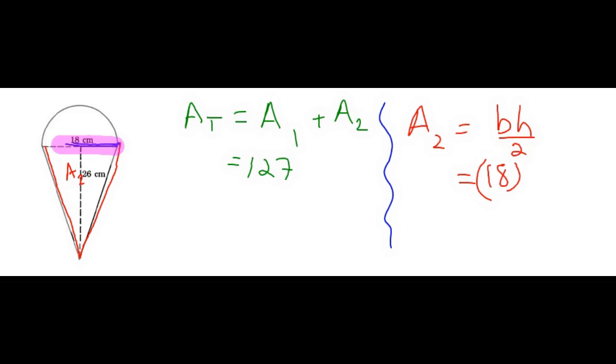The height, the h in that formula, refers to the height of the triangle. The height of the triangle is this big long part right here, and that's 26 centimeters. And then I need to divide that by 2 because that's what the formula tells me to do. And that happens to give me 234 square centimeters.